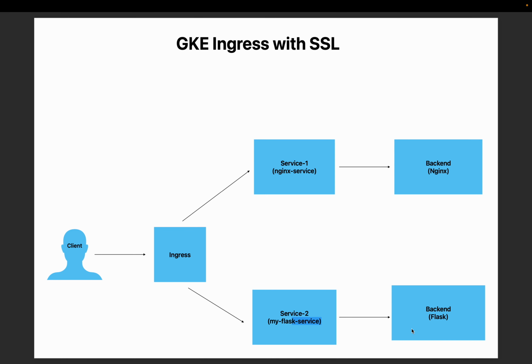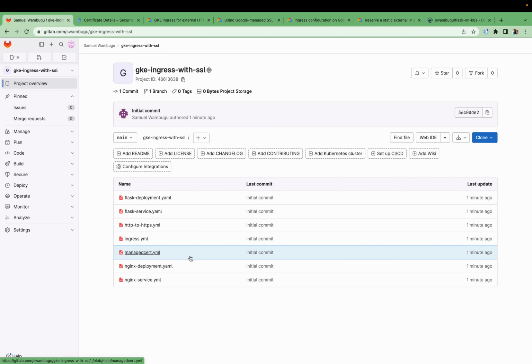Then you have services exposing those applications. And then you have your Ingress controller, and the Ingress does load balancing. It's able to move traffic whichever way you want it to, and it also manages SSL termination for you.